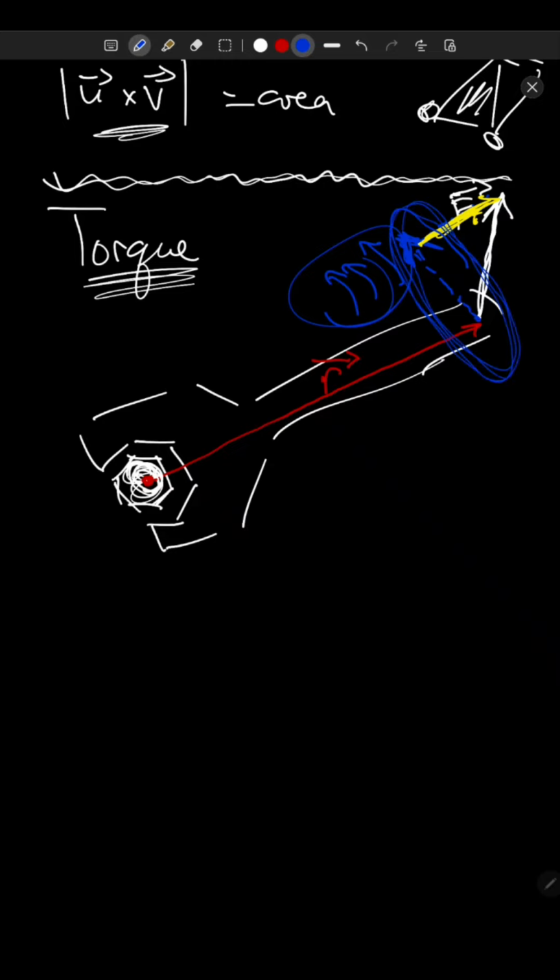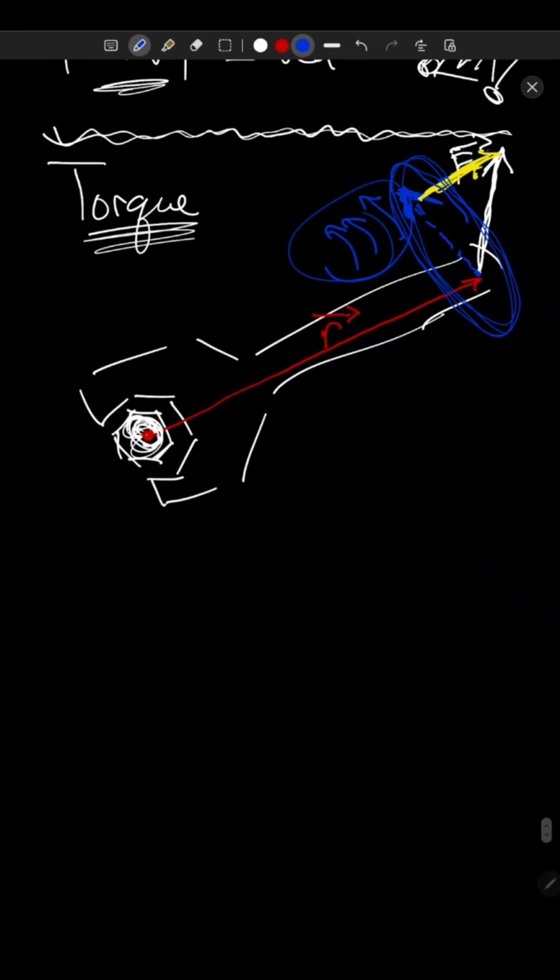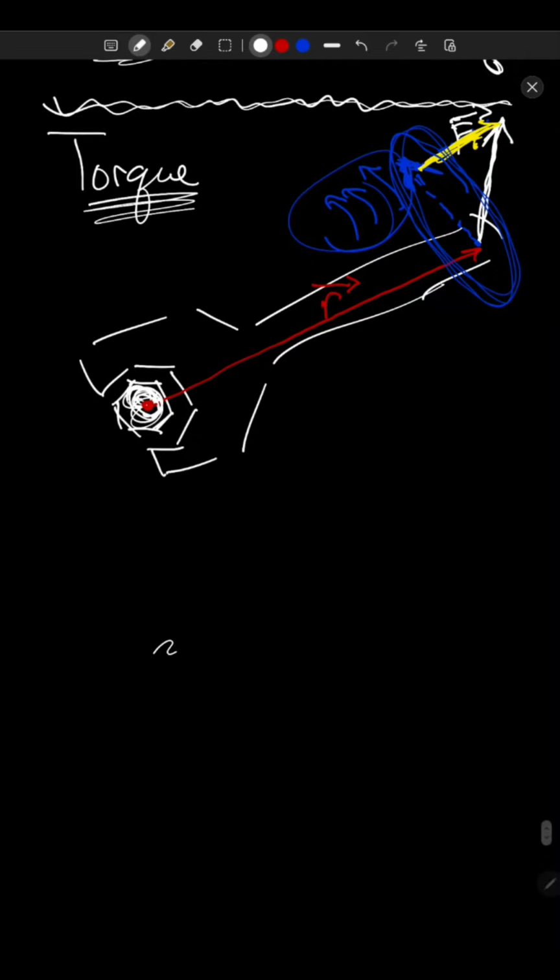All right, so in this setup, let me redraw the picture with the vectors arranged in a slightly different way. Let me draw R right here, and let me draw F right there. All I've done is move the vectors so that they have the same base point.